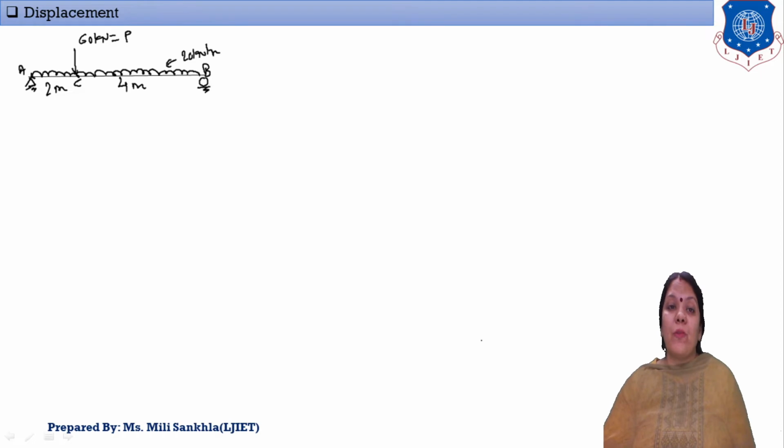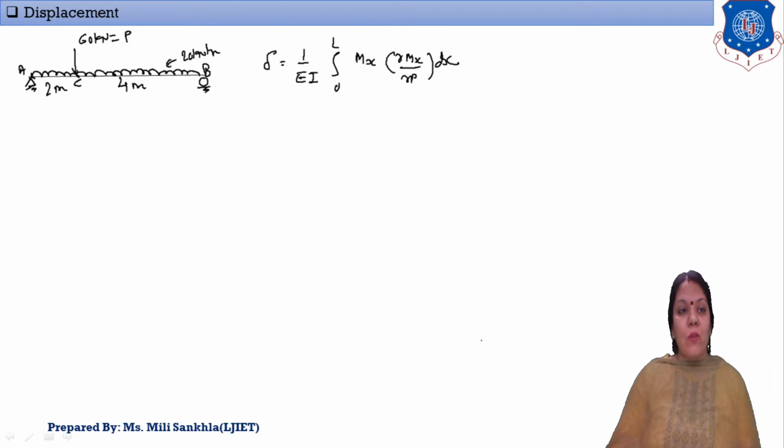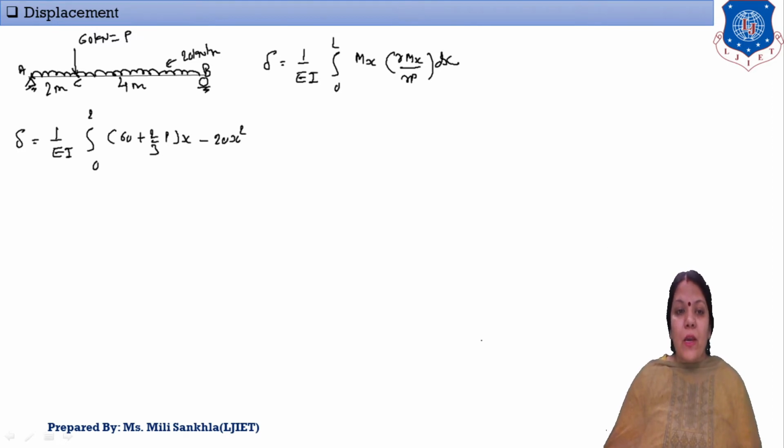Now what is the equation of deflection? Deflection is equal to 1 by EI, limit 0 to L, then Mx and del Mx by del P into dx. Clear? Now one by one we put the values. Deflection, del. First segment, our AC segment: 1 by EI, limit 0 to 2, and multiply our first term, 60 plus 2/3 of P into X minus 20 X square by 2.